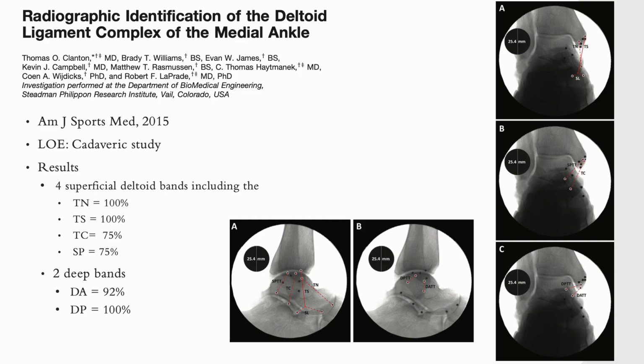What they found through this cadaver study is that the superficial bands include the tibionavicular 100% of the time, the tibiospring 100% of the time, and the TC and SP 75% of the time. The deep bands, once again, you're basically going to find 100% of the time. The anterior band is a little bit mixed. I think that correlates with finding the superficial ones and why they're there 100% of the time, because sometimes maybe they blend together.